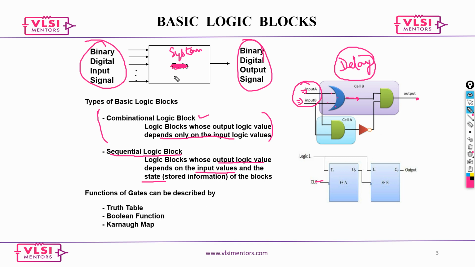Now, the system can be represented with the help of a truth table, Boolean functions, or a Karnaugh map.